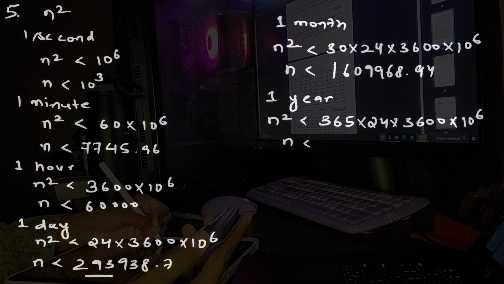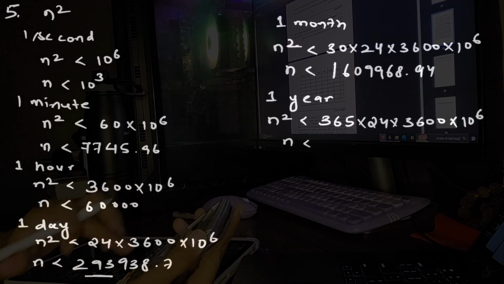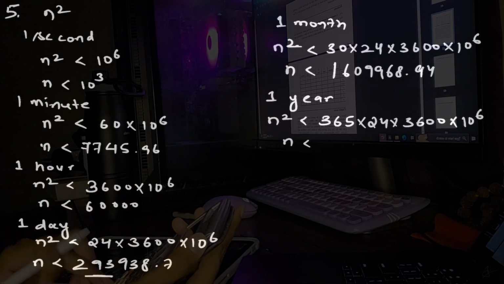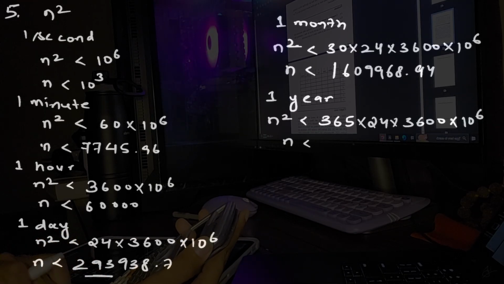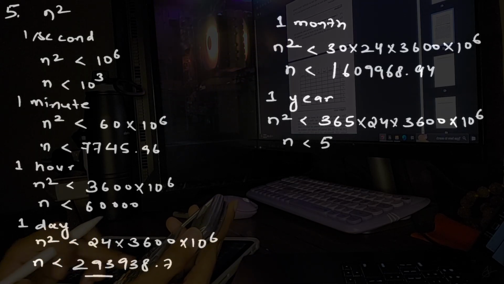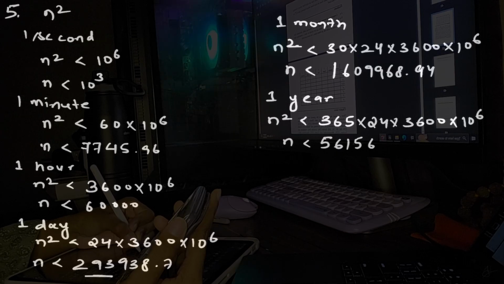So n would be the square root of that, and it is 5615692.299. Again, we can take the first half.